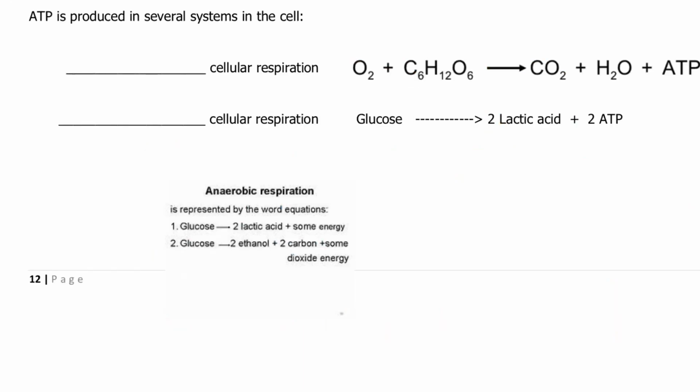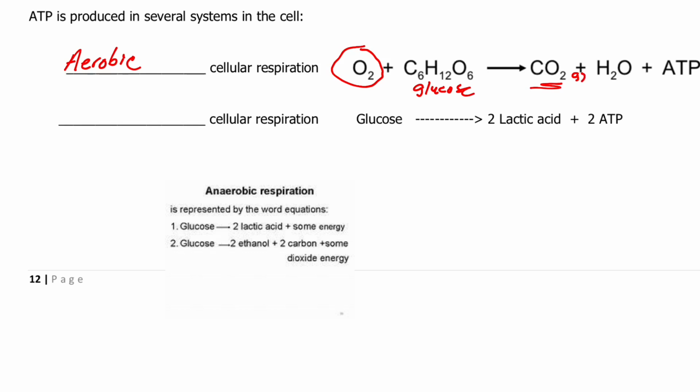So if we look specifically at the cellular respiration equation, in aerobic cellular respiration, we say it's aerobic because it includes oxygen. Oxygen is combined with glucose, and it produces carbon dioxide gas.